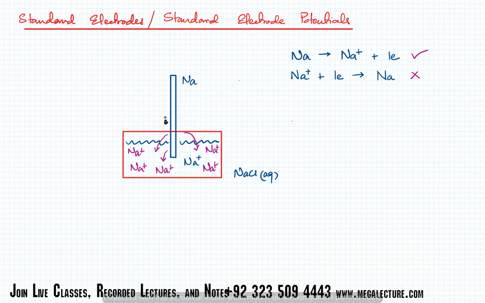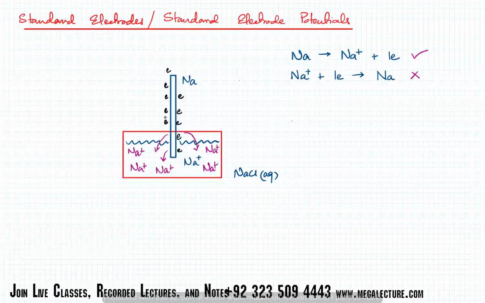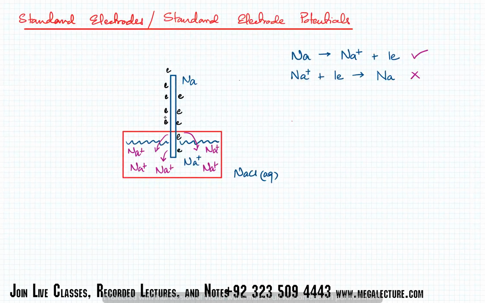So those electrons which are being lost are accumulating on the metallic rod because there's no other element that's gaining electrons. So that's it. Sodium loses electrons.